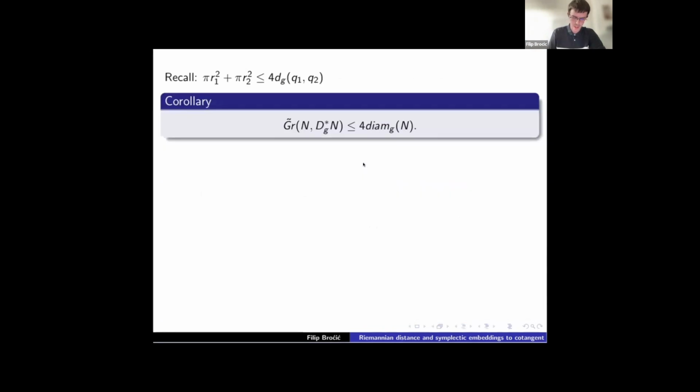Recall that we had a proposition that pi r1 squared plus pi r2 squared was bounded by 4 times the distance. So we can take r2 to be arbitrarily small, and r1 can get at most 4 times the diameter of N. So as a corollary, we get that the relative Gromov width is bounded from above by 4 times the diameter.